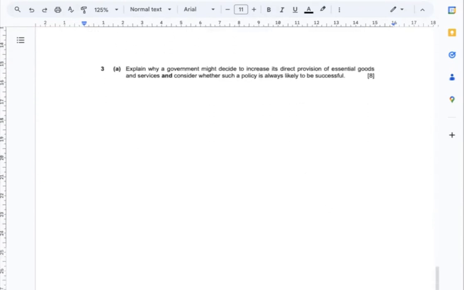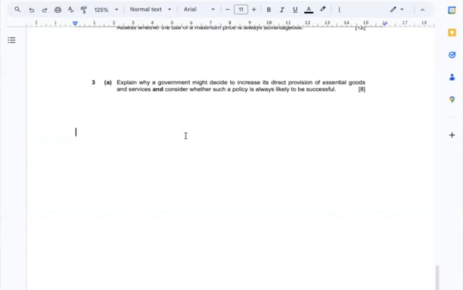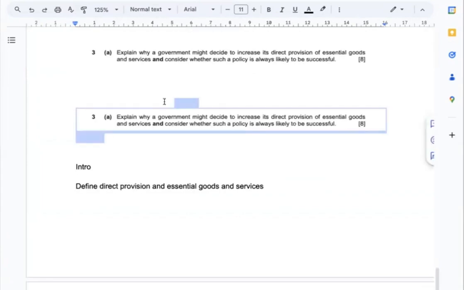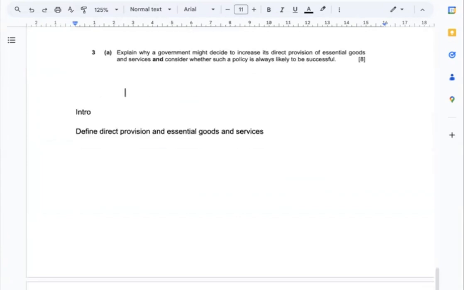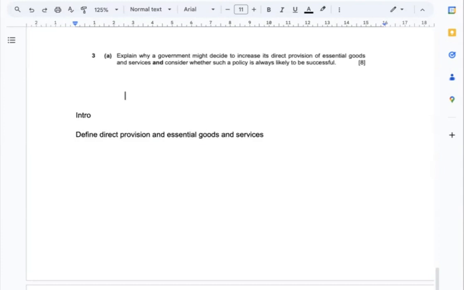A. Explain why a government might decide to increase its direct provision of essential goods and services, and consider whether such a policy is always likely to be successful. My intro will include the definition of direct provision and essential goods and services.